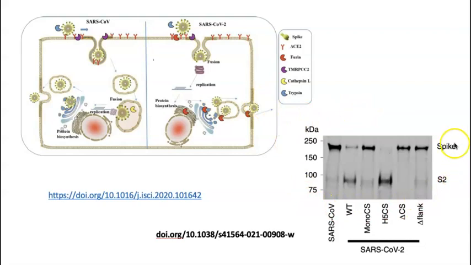These data reveal the importance of Furin cleavage, specifically the importance of having multiple arginines in your Furin cleavage site. So here's SARS-CoV-1, and this is a size scale over here, and this is the uncut spike protein. The uncut spike protein should make a big, thick band at this, roughly 200 or so kilodalton region of this gel.